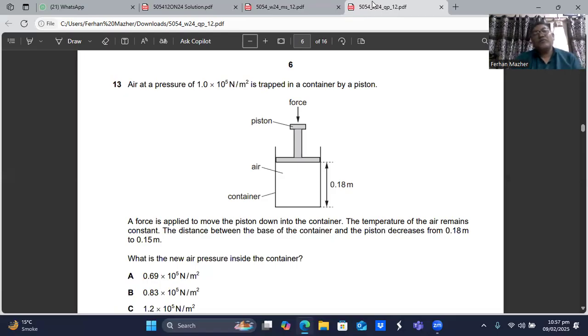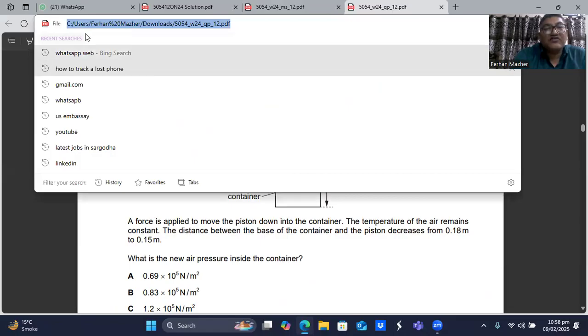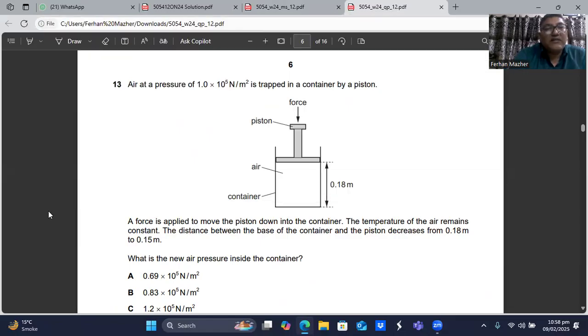So, when the temperature remains constant, and we are talking about the gas pressure, then we have P1 V1 equals to P2 V2. And here, suppose the air pressure, the pressure when it was normal air pressure, this one, that is P1.